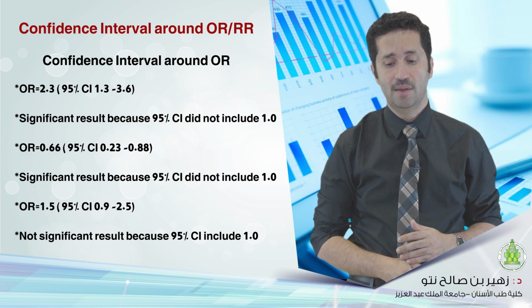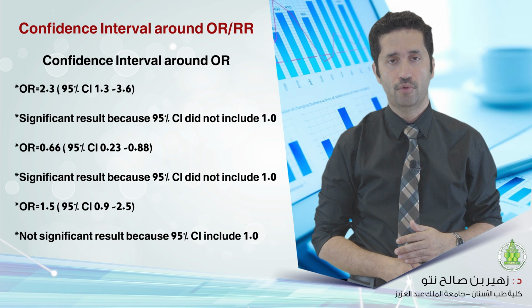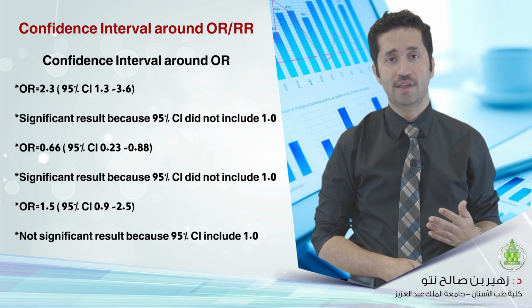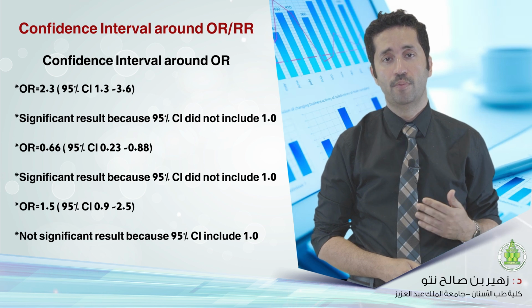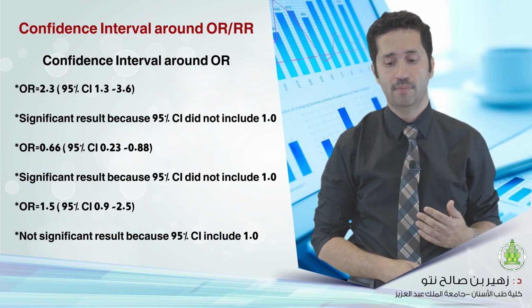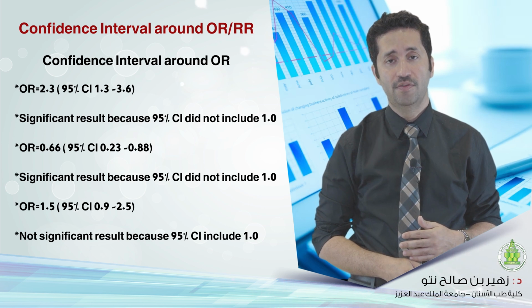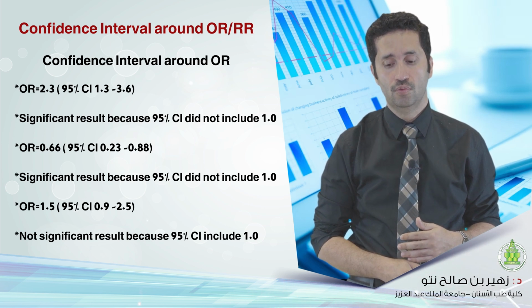In the second example, the odds ratio is 0.66, confidence interval ranging between 0.23 and 0.88. So the first group is lower compared with the second group by 0.66 times. And the result is statistically significant because it does not include 1.